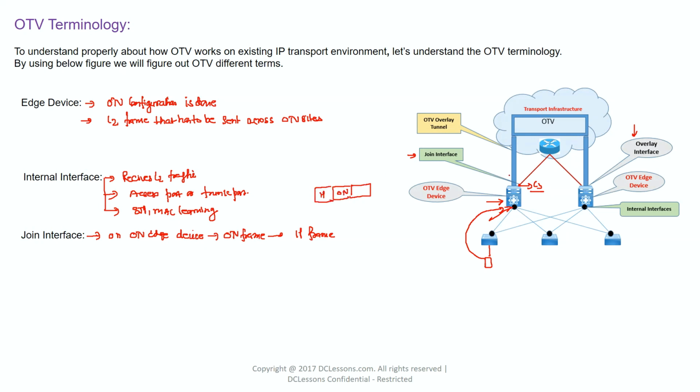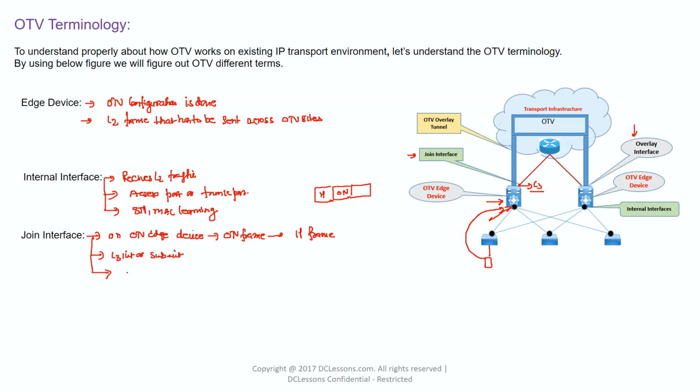Then from the IP, layer 3 routing is done from one side to another. It can be a layer 3 interface or a subinterface.